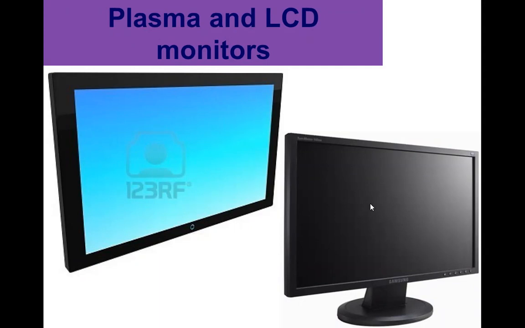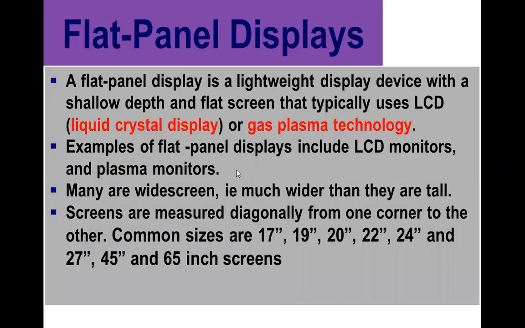And then this second one, which looks like the monitors we use at our school, is called the liquid crystal display monitor, or the LCD monitor. So they use the liquid crystal display technology. Examples of flat panel displays are the LCD monitors and the plasma monitors.